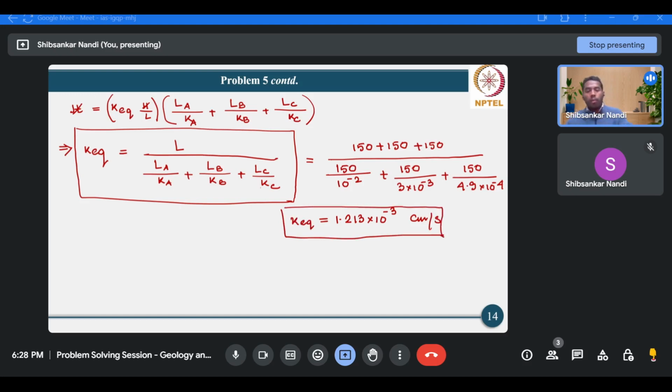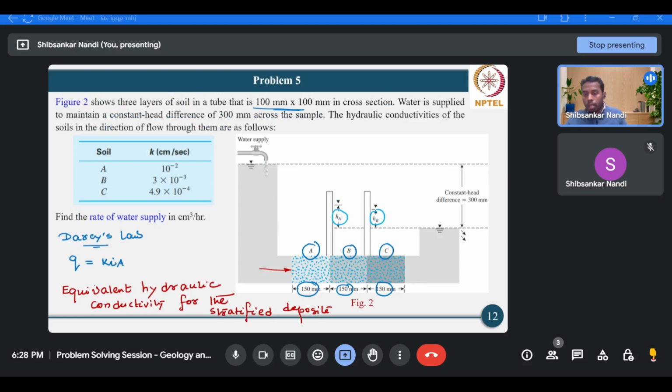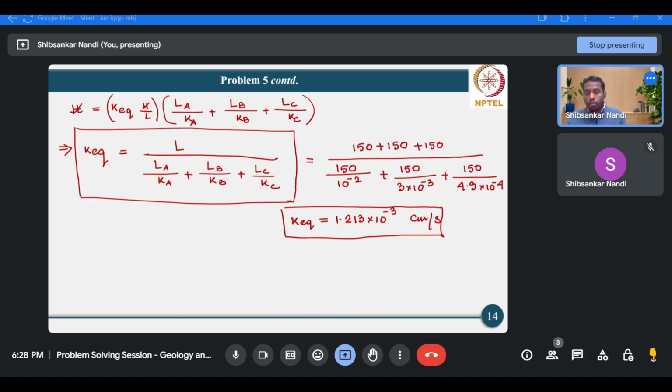Now you know the equivalent hydraulic conductivity. So that means you can use Darcy's law and you can easily calculate the rate of water supply. So Q equals K equivalent, i is H upon L into A. Now K equivalent is your 1.213 into 10 to the power minus 3.